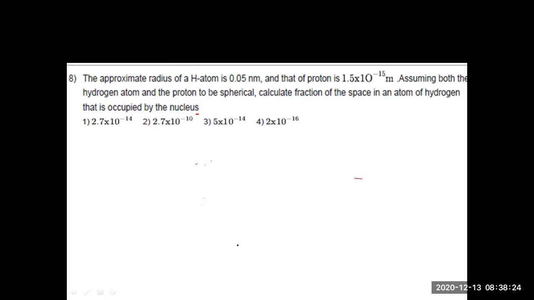So what is the volume of a sphere? Formula. 4 by 3 pi r cube. So take the 4 by 3 pi r cube of the proton, because the nucleus of the hydrogen atom has only one proton, that's all.